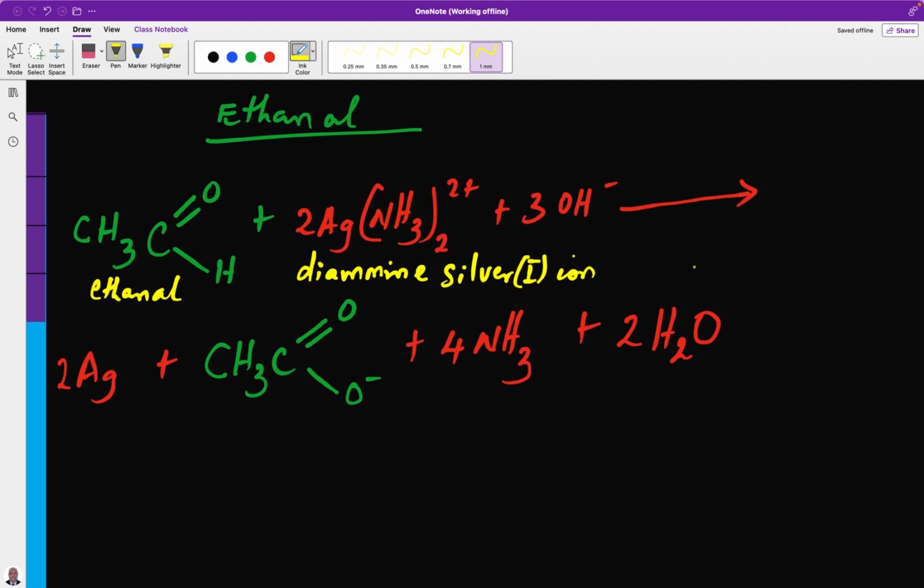We will have to heat it gently. This silver here, which is the solid, that is what we call the silver mirror.